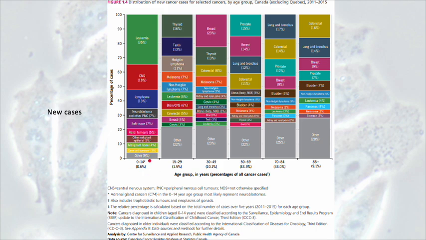So, for example, here for young individuals aged 0 to 14, there's the highest probability of developing leukemia compared to other cancers. So in young people, the most common cancer diagnosed in individuals under the age of 14 is leukemia, and second to that is CNS, so central nervous system or brain cancer, for example.